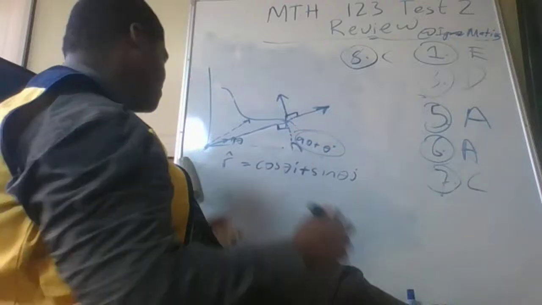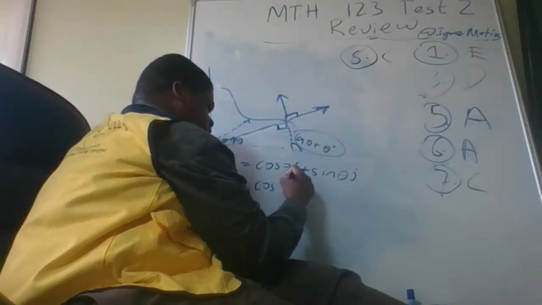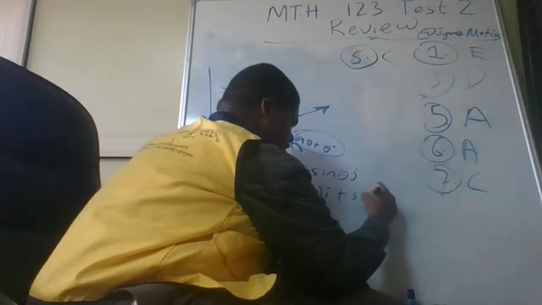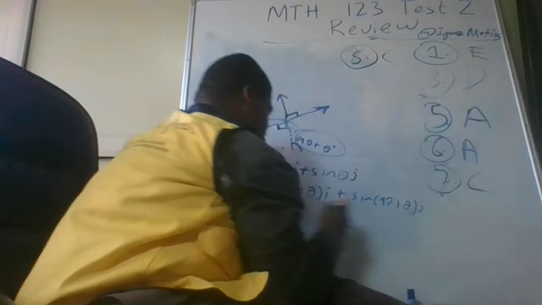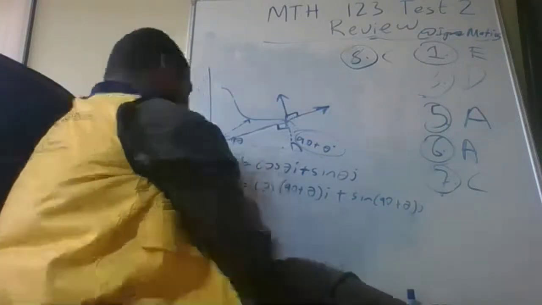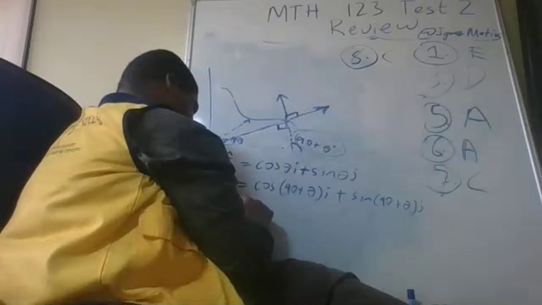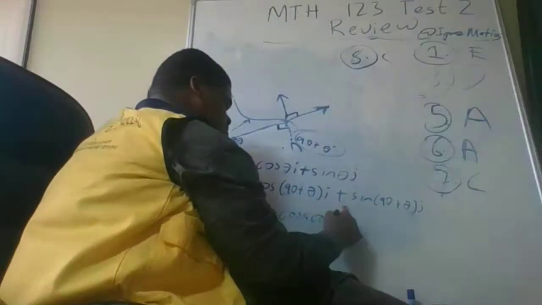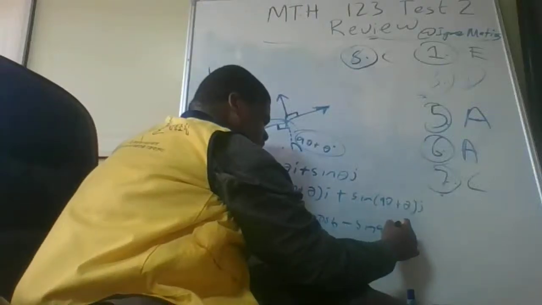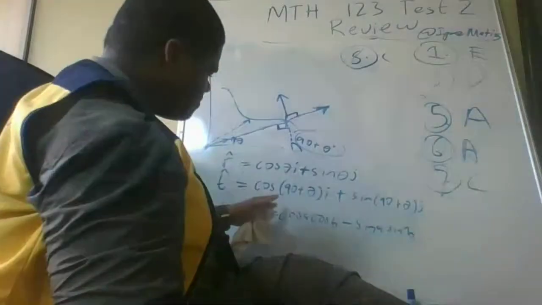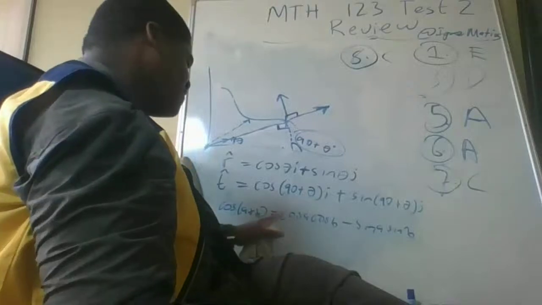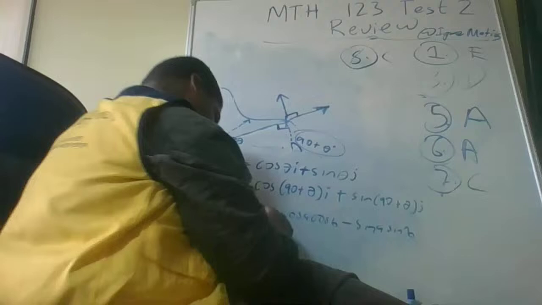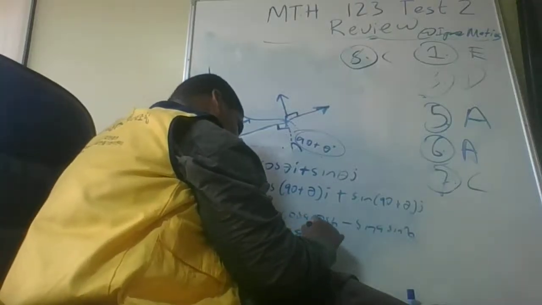Now, our transverse vector, let's say t, is going to equal cos(90 plus theta) i plus sine(90 plus theta) j. Cos(90 plus theta) can be gotten from cos(a plus b), which is equal to cos a cos b minus sine a sine b. In this case, a is equal to 90 and b is equal to theta. And if a is equal to 90, then cos 90 is going to equal 0. So this is going to equal minus sine theta.